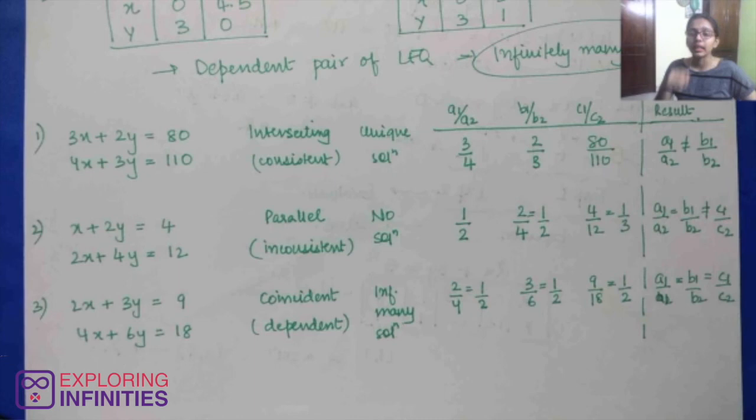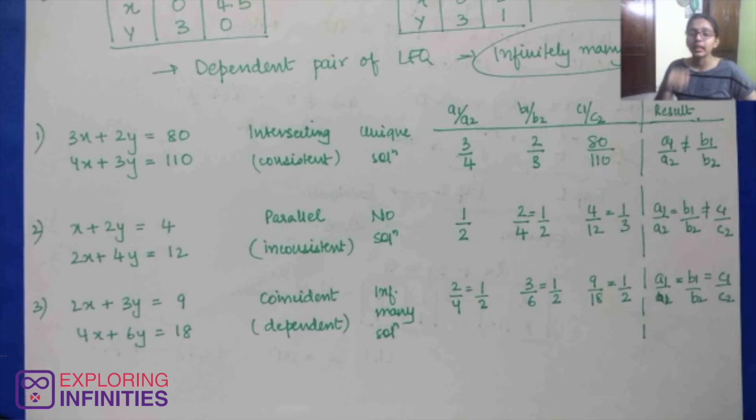If a1 upon a2 is equal to b1 upon b2, then it will either be equal to c1 upon c2 or it won't be. If it is not equal to c1 upon c2, it is an inconsistent pair of linear equations with no solution. And if it is equal to c1 upon c2, they are a dependent pair of linear equations with infinitely many solutions.